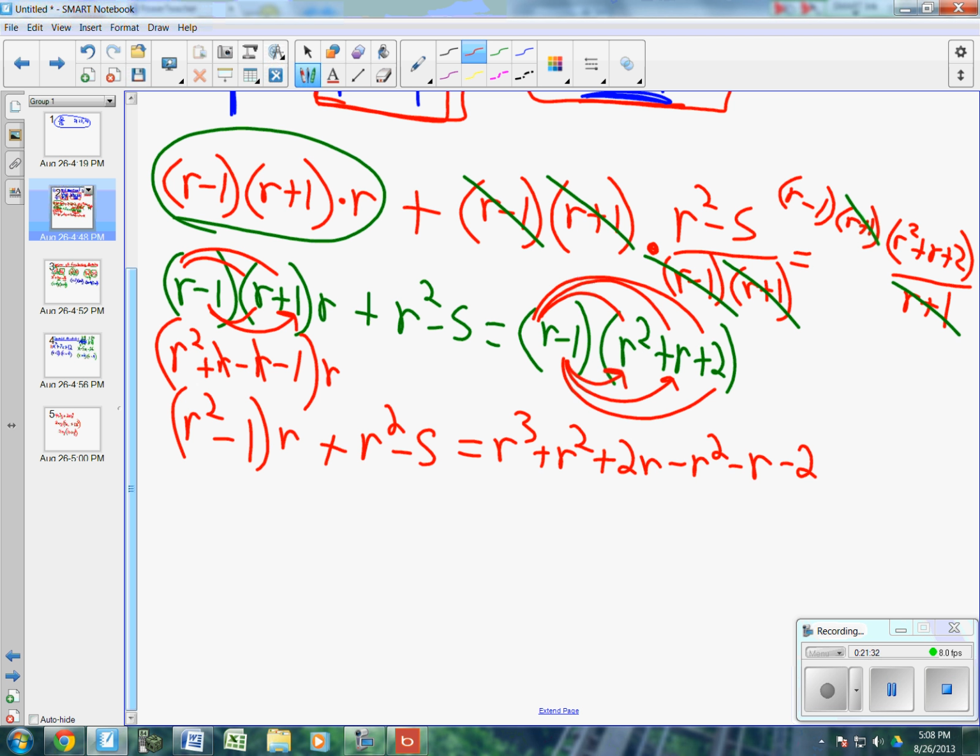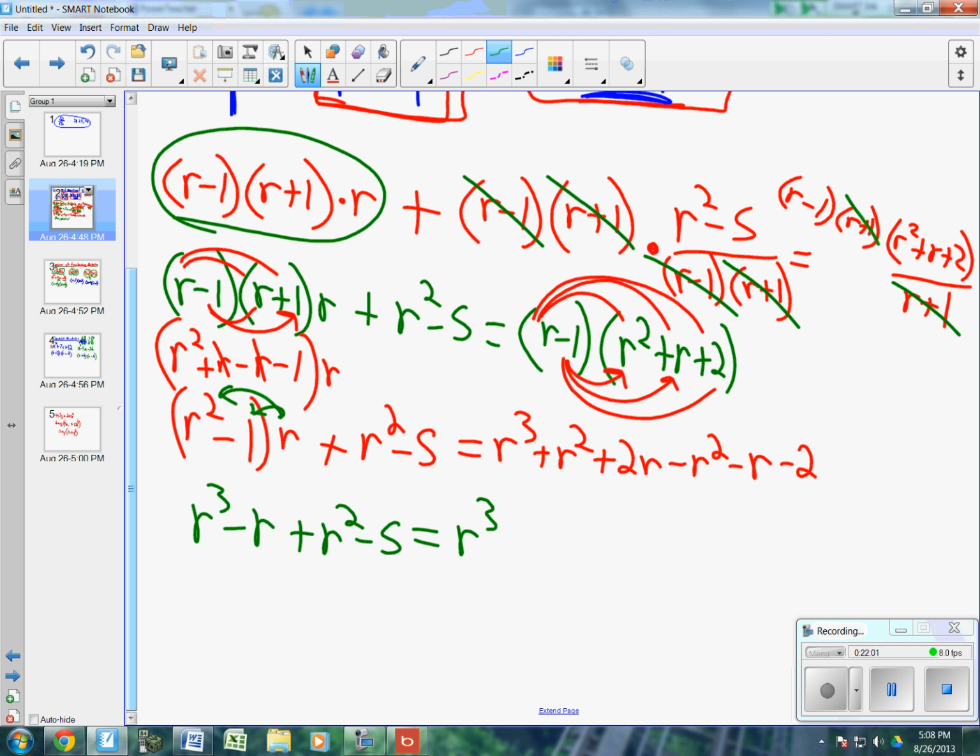going back over here, I've got to come back to the left side again. I've got to distribute the r through here. So I've got to times this r by both terms, that one and this one. So I'm going to get r cubed minus r plus r squared minus 5 equals, and then on the right side, I'm going to combine like terms right now. R cubed, there's an r squared minus an r squared, which makes 0r squared, which we won't write.